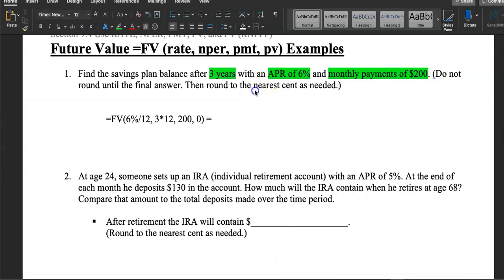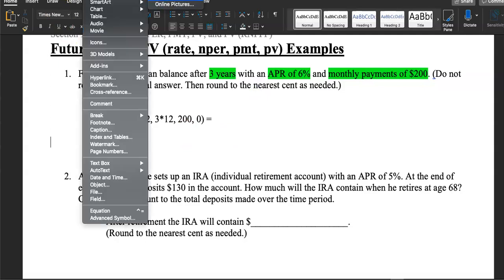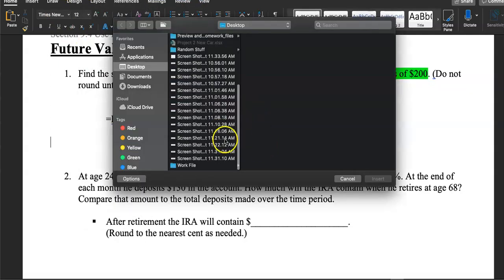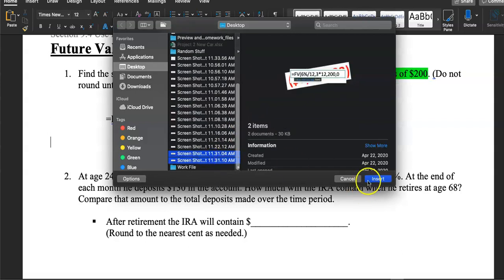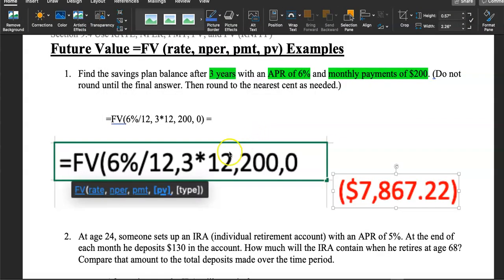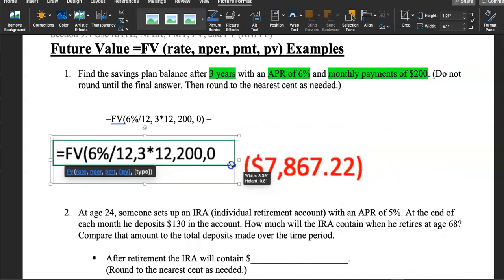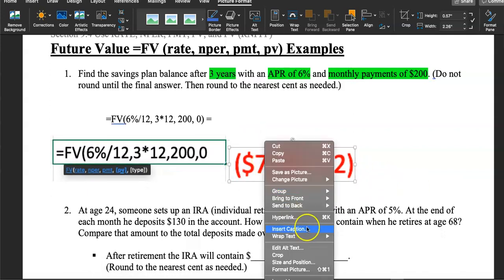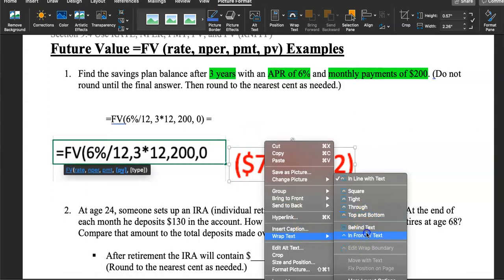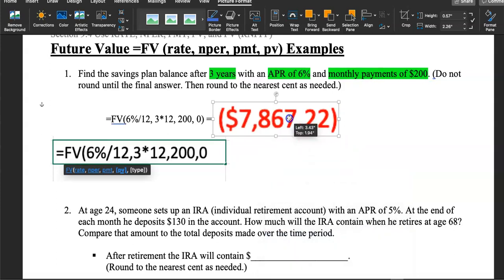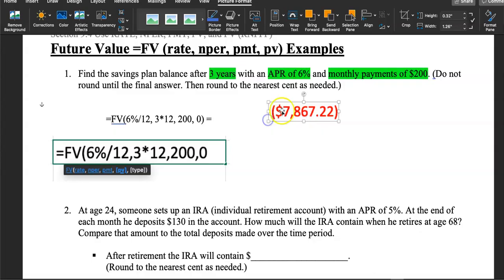See, that's good. So let me go ahead and bring my answers in from the Excel over here. Ta-da! So this is what I entered in Excel, right? That's the formula that I entered. And this is the answer that it gave for us, right? So that's going to be the future value of this savings plan.